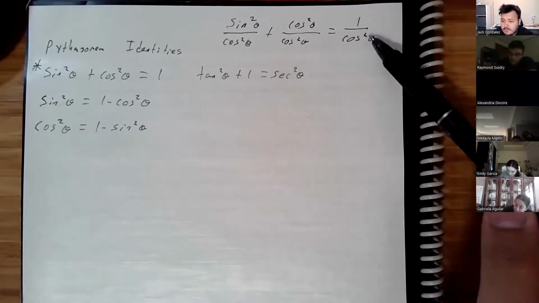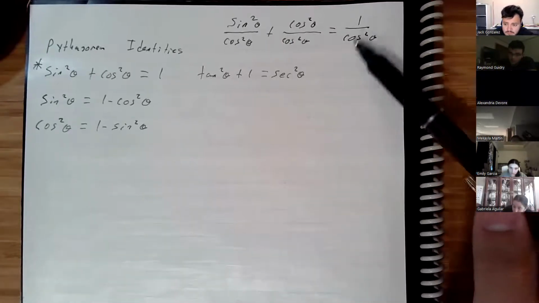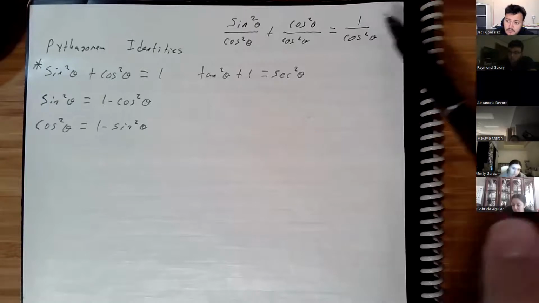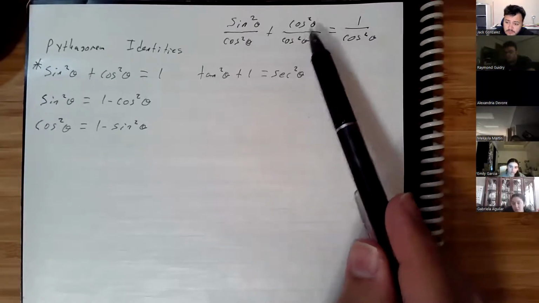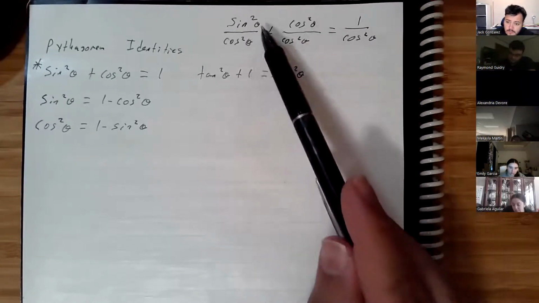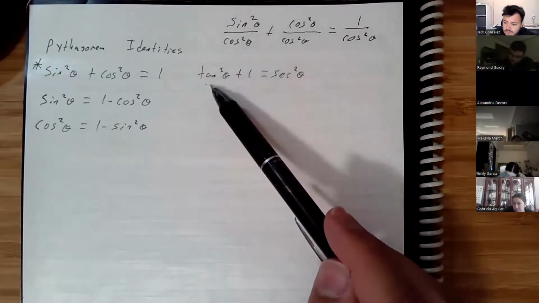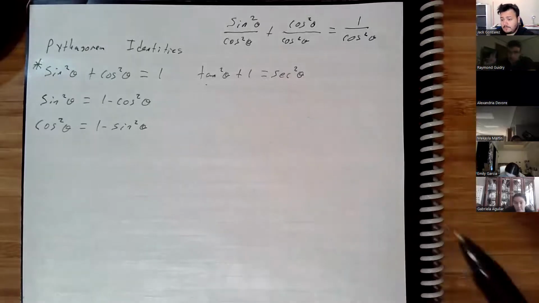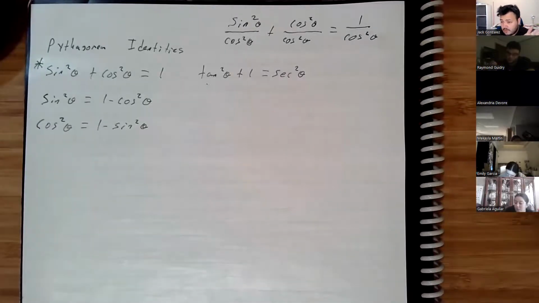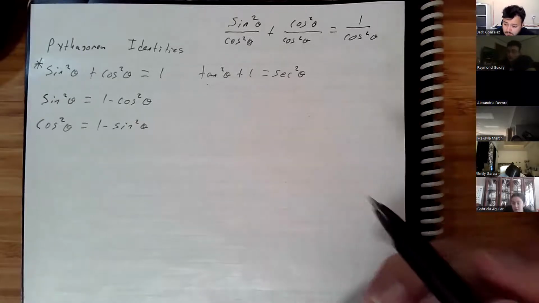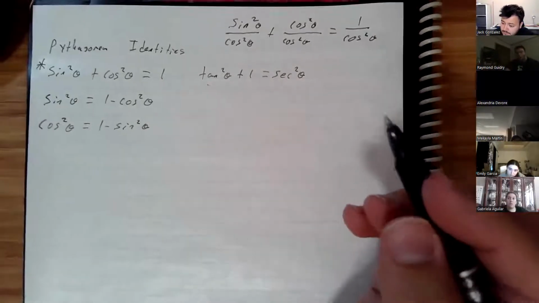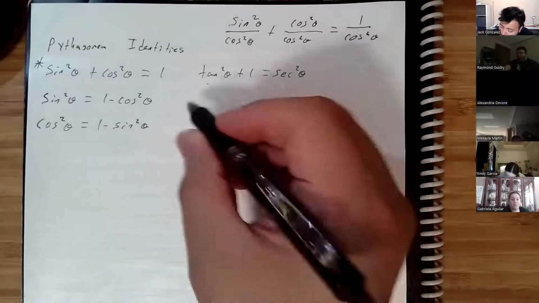This is secant, as we wrote in the last page as a reciprocal identity. Cosine divided by cosine is a 1. Well, there it is. And we wrote that sine over cosine is tangent. So if they're both squared, of course, this will be tangent squared. So technically you can derive these yourself. Or you can write them down on your formula sheet. That's totally fine with me too. But you need to see where they came from at least.